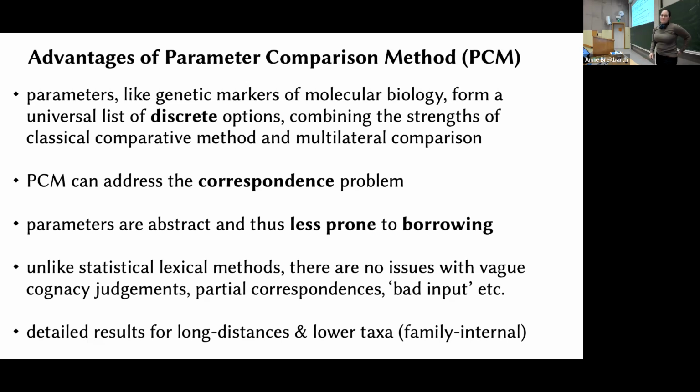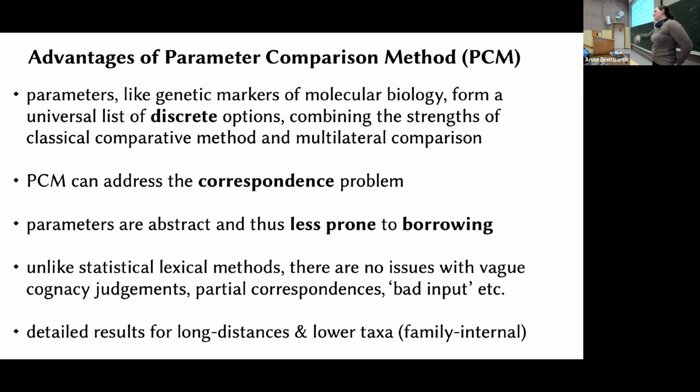Now, unlike statistical lexical methods, which people have tried, there are no issues actually with vague cognate judgments and partial correspondences. Now, I did actually give you a new method of trying to do that, but since it's not published, it's not really applied to it. And it also gives us an opportunity finally to get results for long distances and long distance relations, which we can't really get in any other way.